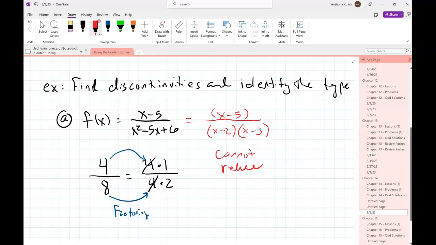Right? And here's the good news. Since that's the case, I know that all I have is vertical asymptotes. And because I've already factored the denominator, I can set the factored form equal to 0. And it's very easy then to get my solutions out of it.